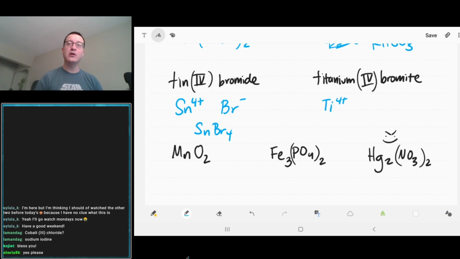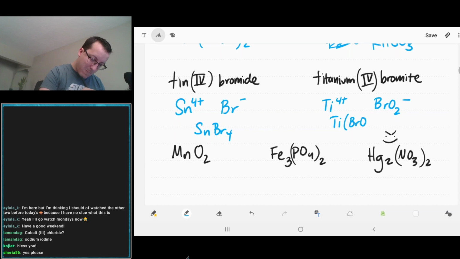So we're going to have to look on our fancy little table, and we're going to see bromite is BrO2 negative 1. And so we see here, okay, we're going to need 4 bromites to balance out our titanium. So we are going to have to combine them together in this way. Don't forget your parentheses. We have to indicate there are 4 of that polyatomic ion in there to balance out the 1 titanium ion.